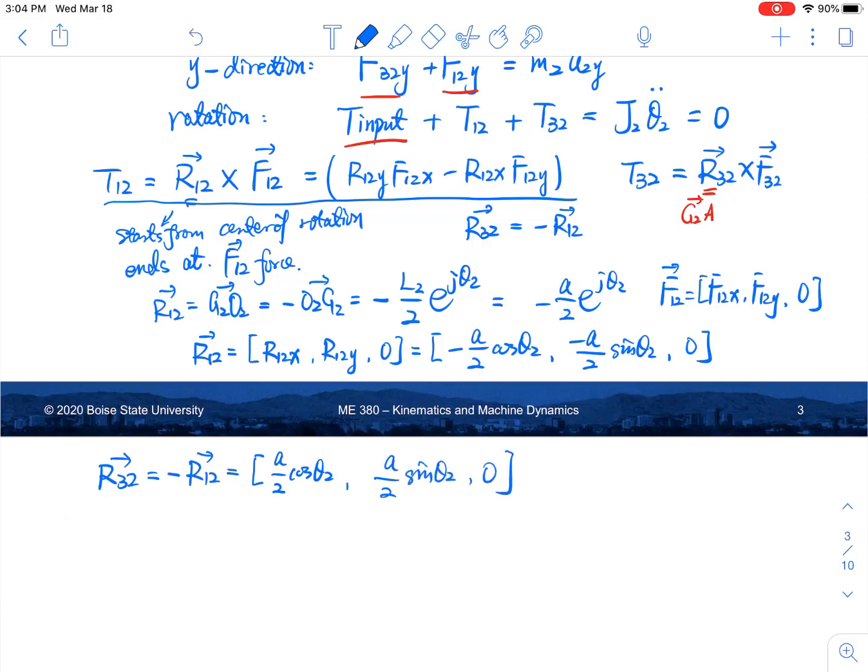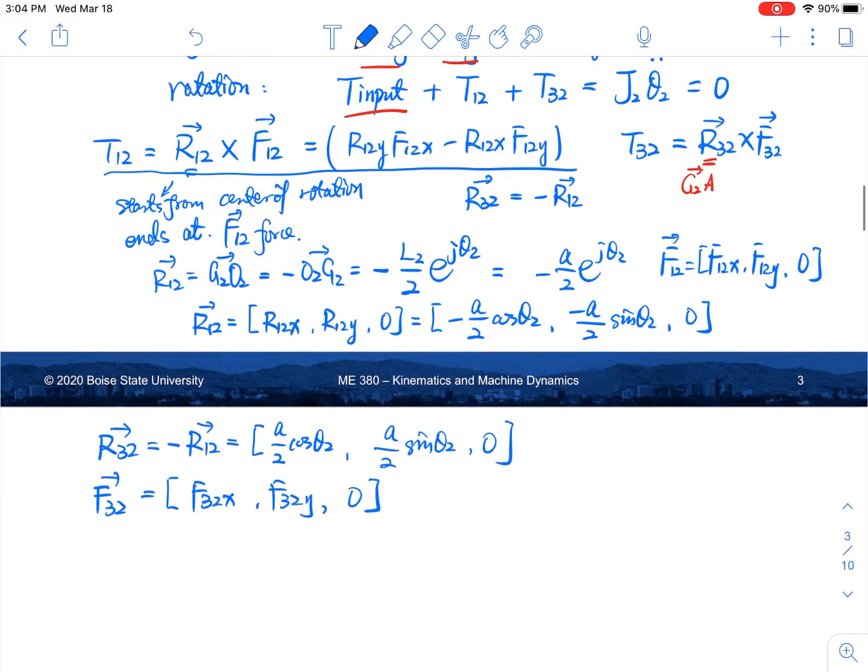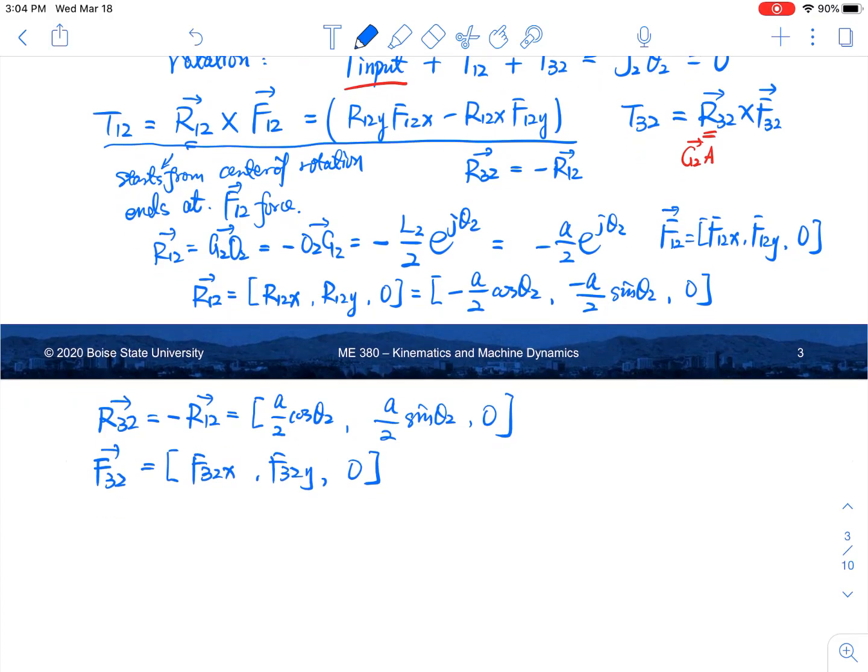And then your F32 vector, again, has 3 components. It's F32x, F32y, and then the z component is 0. So by calculating the cross product, the cross product is a determinant.